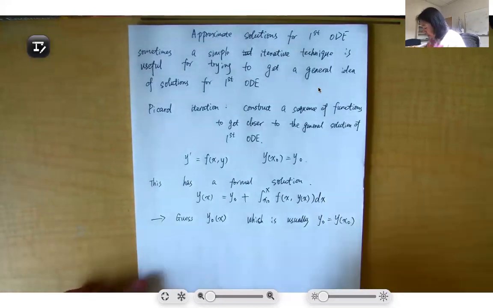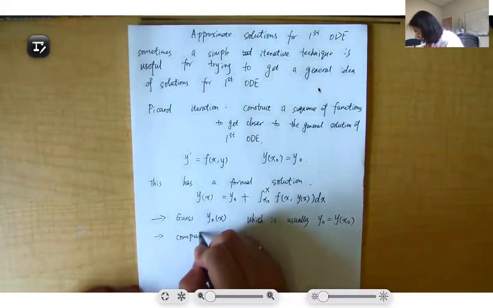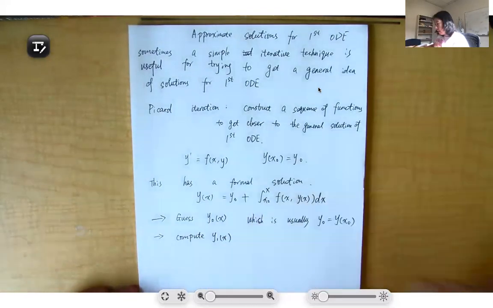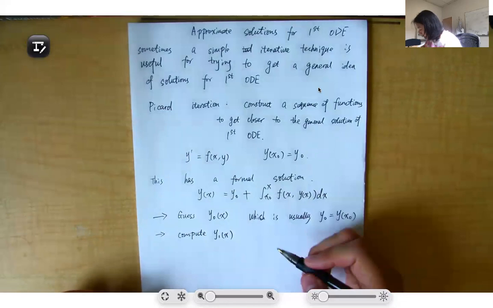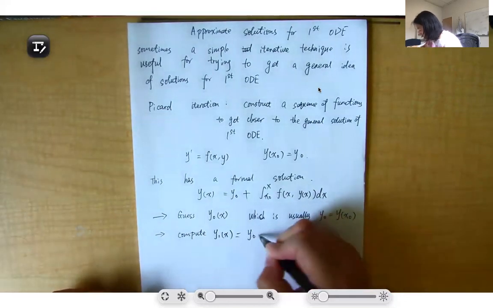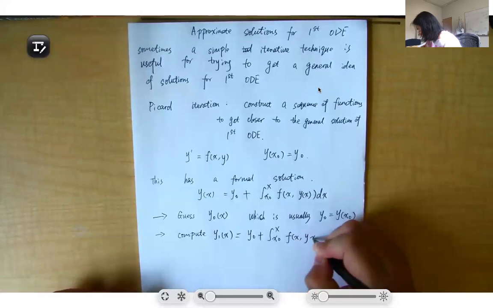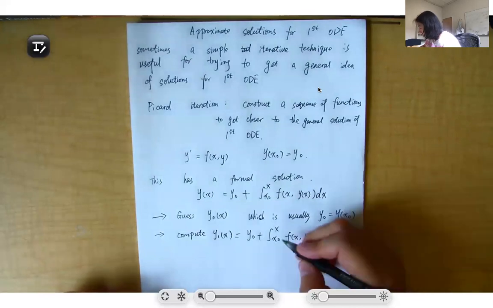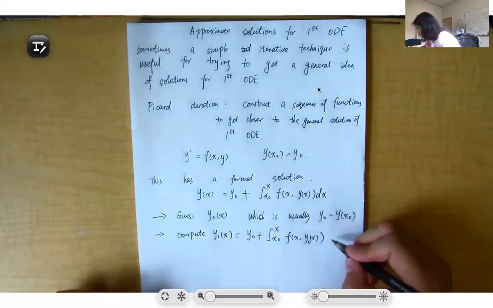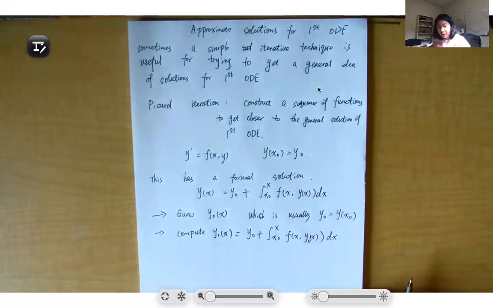Then the next step is to compute the first step, y1(x). Using this formal solution form, y1(x) equals y0 plus the integral from x0 to x of f(x, y0(x)) dx.